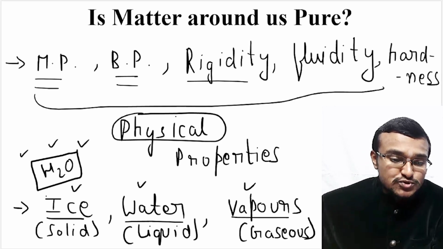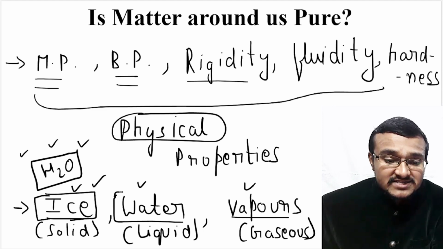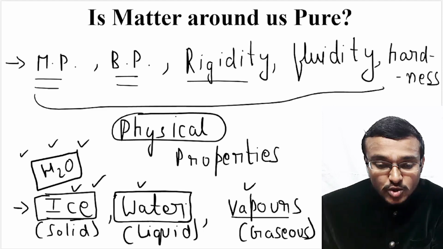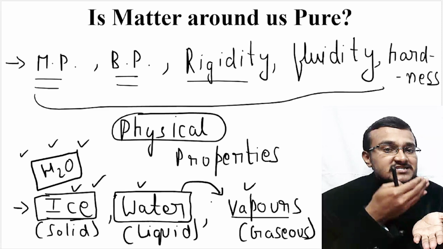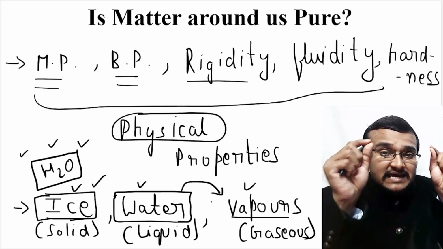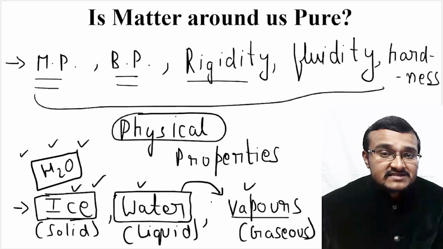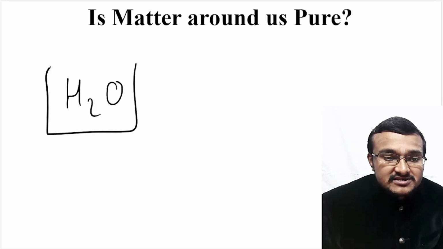So here you should see that a physical change is happening when ice is converted into water. Even when water is converted into water vapor, there is a physical change. So the solid state is changing to the liquid state and then to the gaseous state. But the chemical composition in this water, that is H2O, will never ever change.